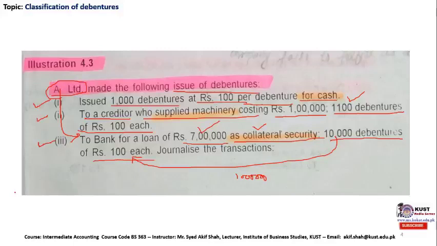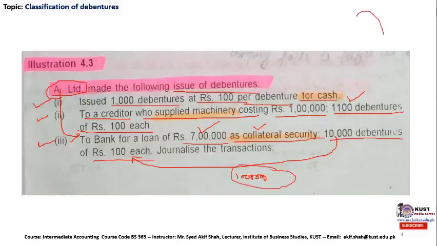It is quite possible that the debenture prices may fall in the future and the loan amount may not be recovered from these debentures. So in order to cover this risk factor, the bank usually asks for a larger amount of debenture issuance for 7 lakh rupees of loan. In this case, for the 7 lakh rupees of loan, the bank has asked to issue 10 lakh rupees of debentures.